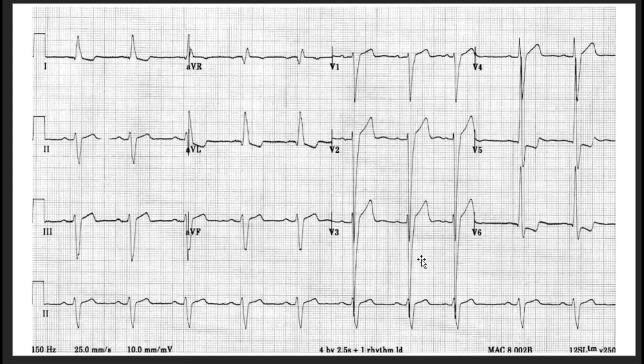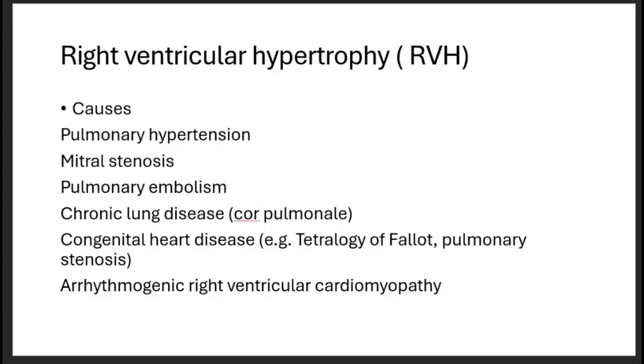So now right ventricular hypertrophy, 10 seconds just to think about the causes. So the causes of right ventricular hypertrophy, as you can see, we have pulmonary hypertension, mitral stenosis, pulmonary embolism, chronic lung disease, congenital heart diseases like tetralogy of Fallot and pulmonary stenosis, arrhythmogenic right ventricular cardiomyopathies.